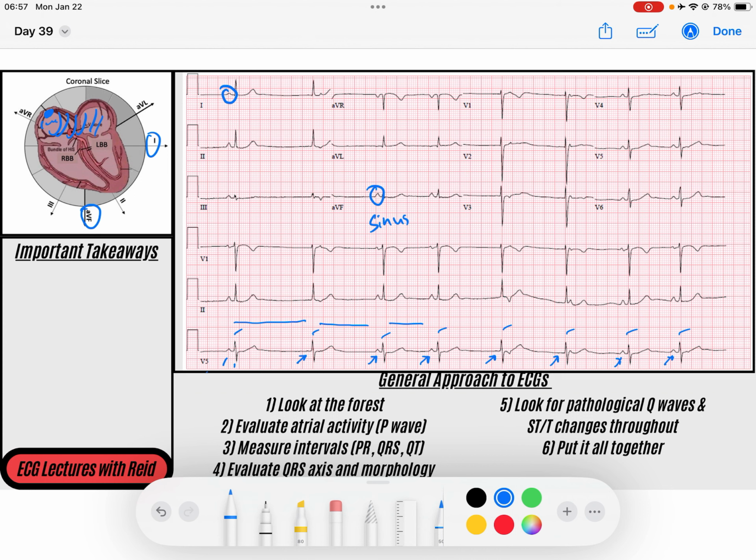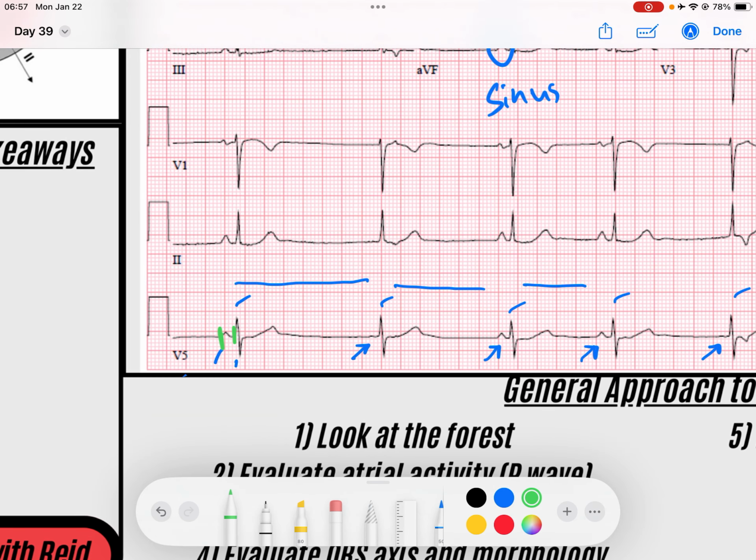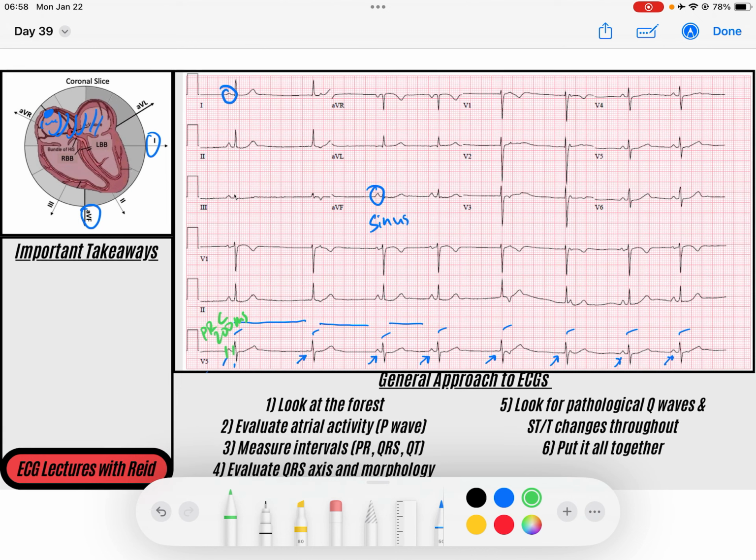From there, I see that my AV node seems to be working well on these beats. You can see my PR interval is between 120 and 200 milliseconds, and so that is a normal PR interval.